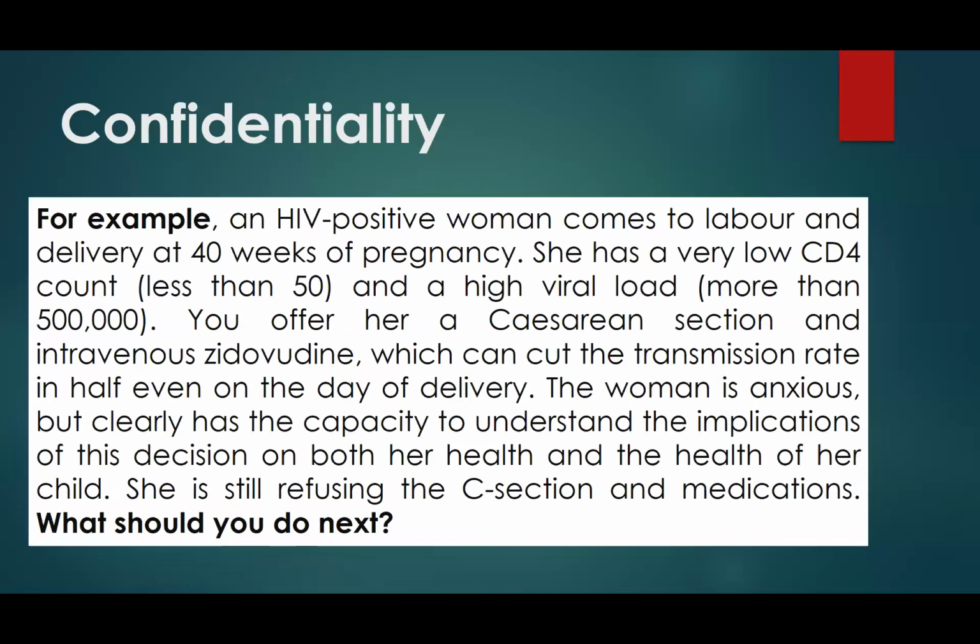You offer her a cesarean section and intravenous zidovudine, which can cut the transmission rate in half, even on the day of the delivery. The woman is anxious, but clearly has the capacity to understand the effects of this decision on both her health and the health of her child. She is still refusing the cesarean section and medication. What should you do next?